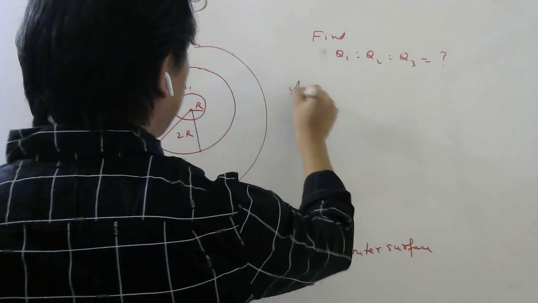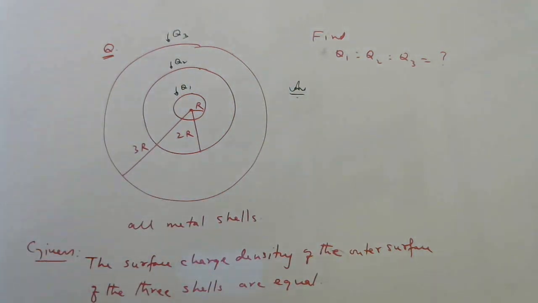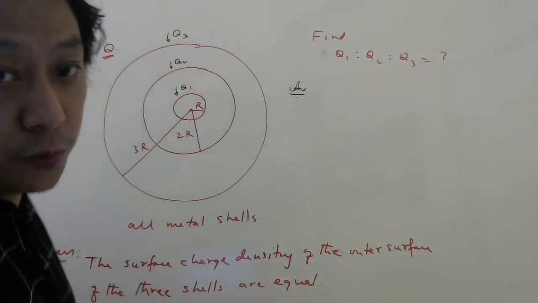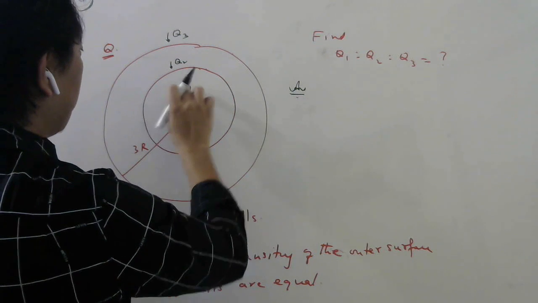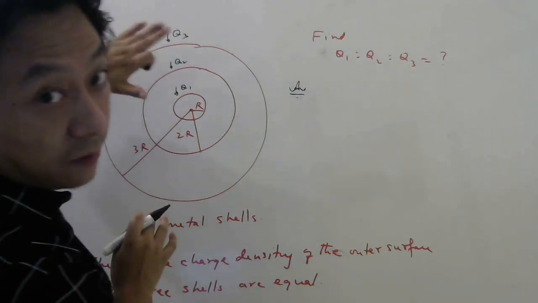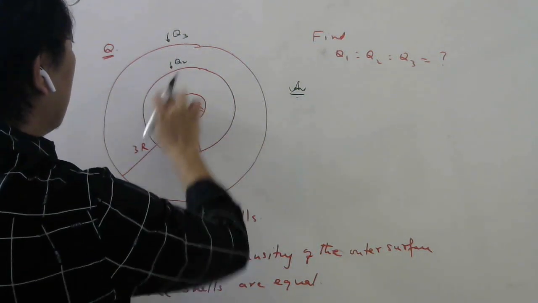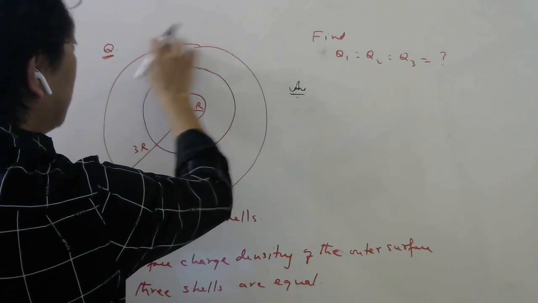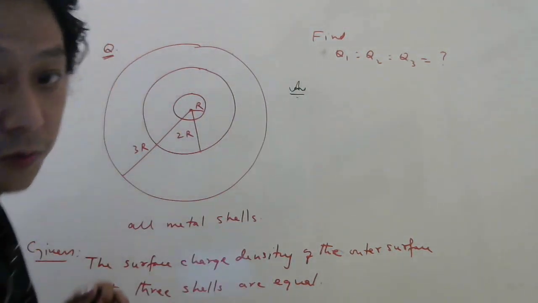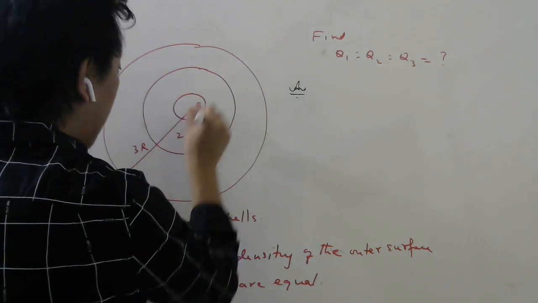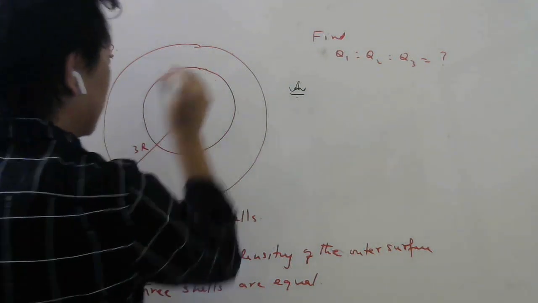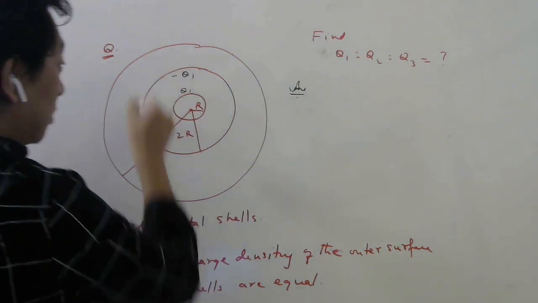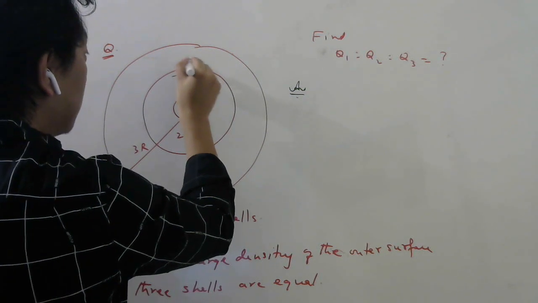So first let us remember, since it is metal shells, you know that the charge will distribute in what way? If this one has charge Q1, so this is in the question, they have given in the question. Now we want to know how the charges are distributed on the outer surface. So for that, look carefully. This has charge Q1, they told. So this will induce here minus Q1. And if this was neutral, outside there will be plus Q1.